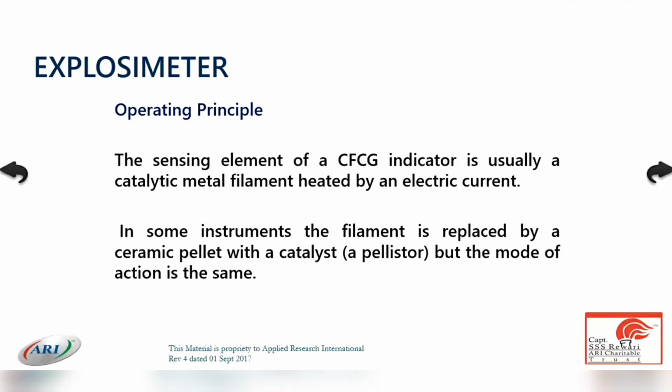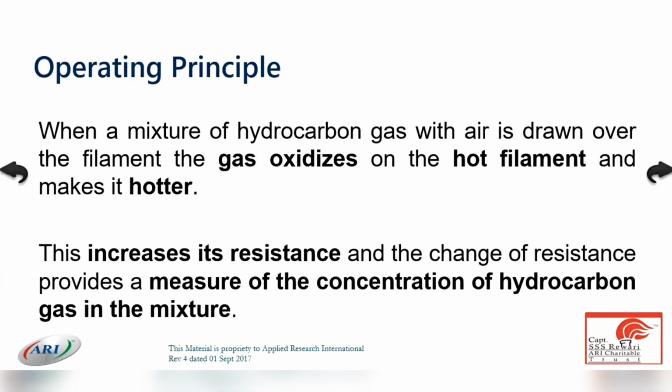It gets heated up with the electric current. When a mixture of hydrocarbon gas and air is drawn over the filament, the gas oxidizes on the hot filament and makes it hotter, meaning it increases the temperature.